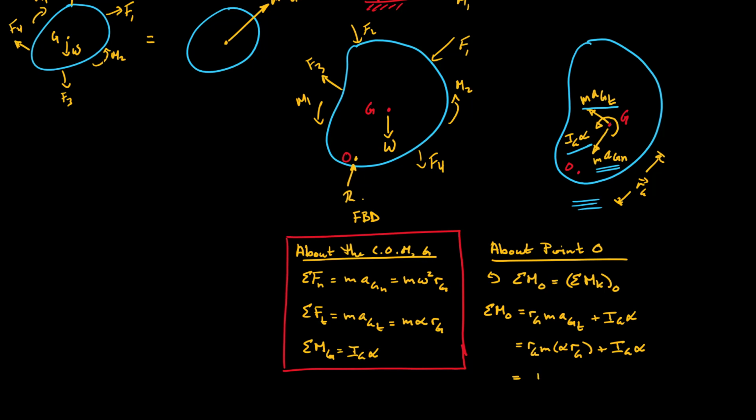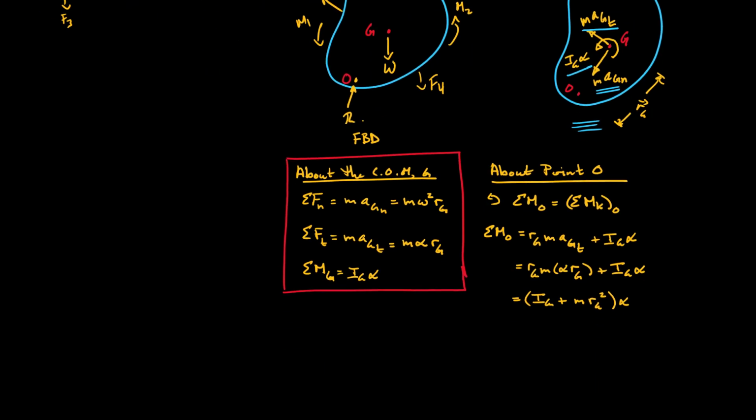So we have Ig plus the mass times rg squared, multiplied by alpha. Now note that the bracketed term over here is just the parallel axis theorem, which gives us the mass moment of inertia about point O.